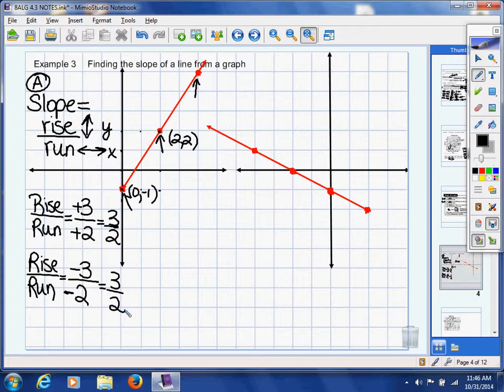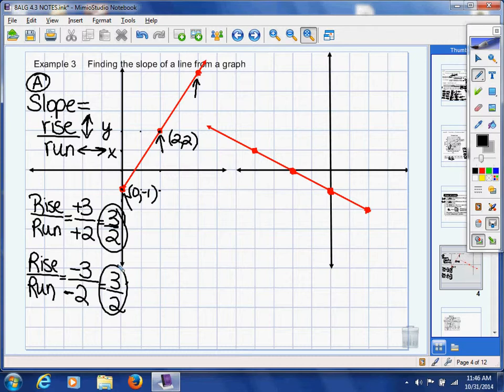So, for all intents and purposes, what you need to know is it doesn't matter if you start at the lower point and go up to the higher point, or if you start at the higher point and go to the lower point. Either way, you should get the same exact slope, regardless of how you do it. So that's why I showed it to you both ways, like that.